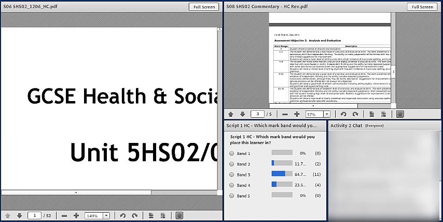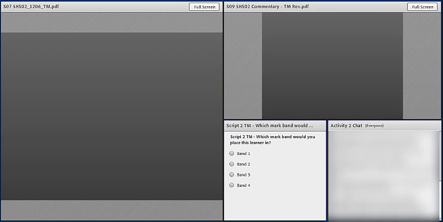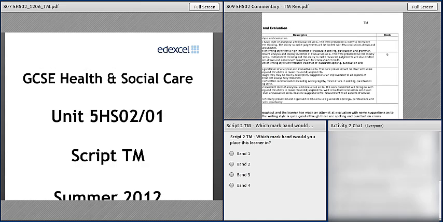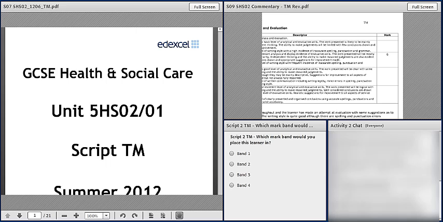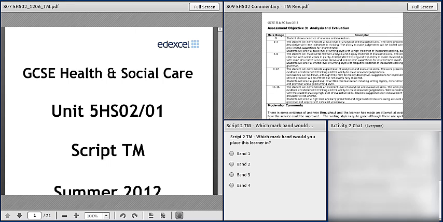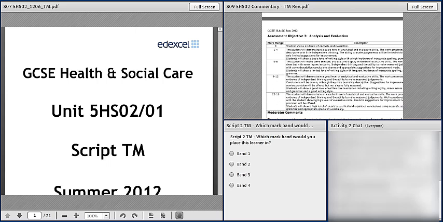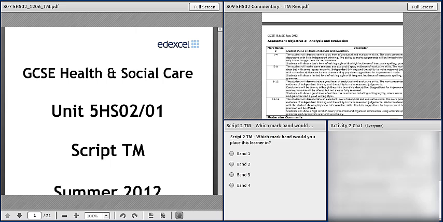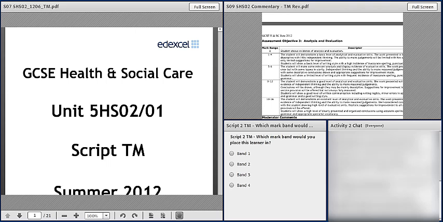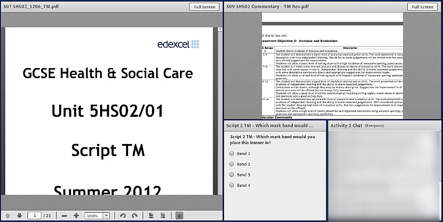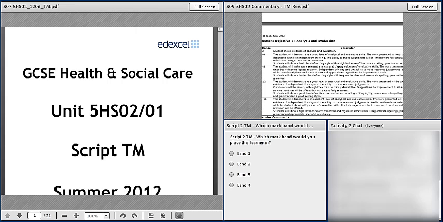So if we could bring up TM, and again, if you could have a look at that one, looking again at task 4, looking again at the evaluation, and putting that in the mark band that you think is appropriate, and then we'll have a look at that as well, and I'll give you some other clues afterwards.